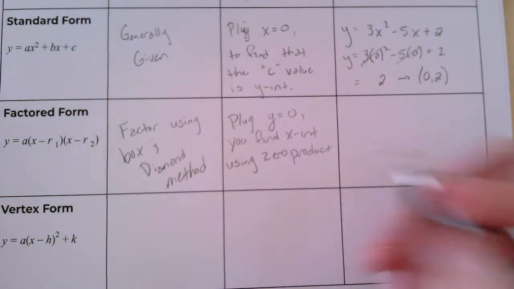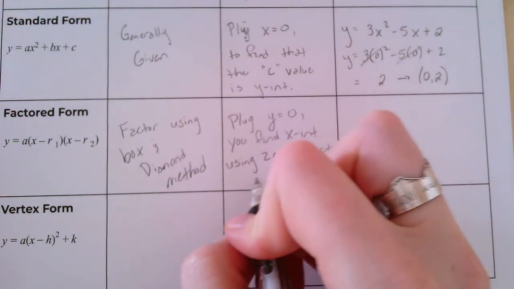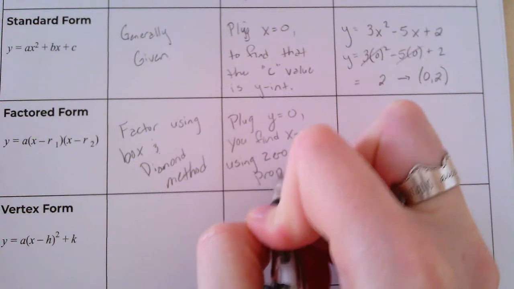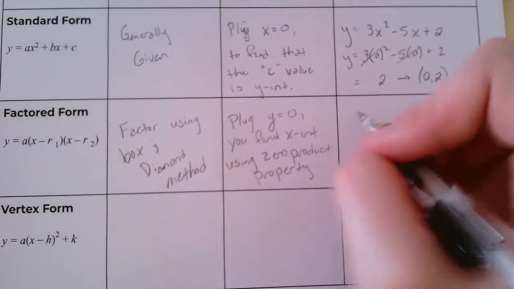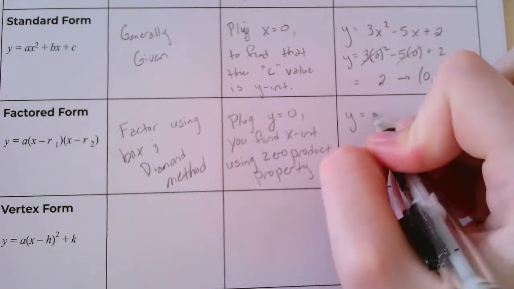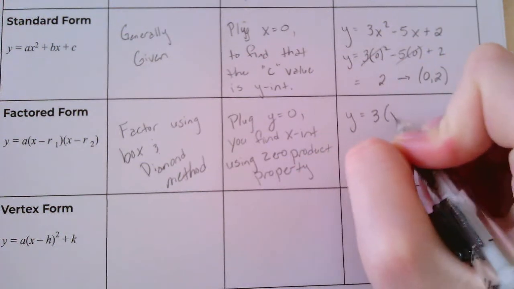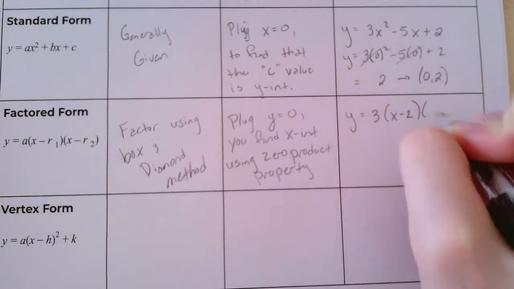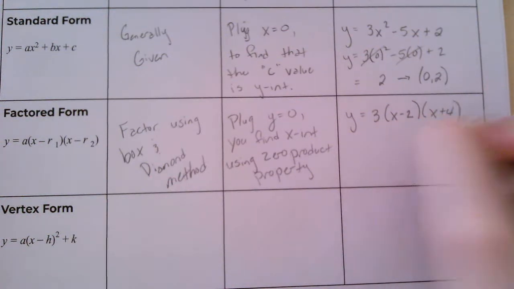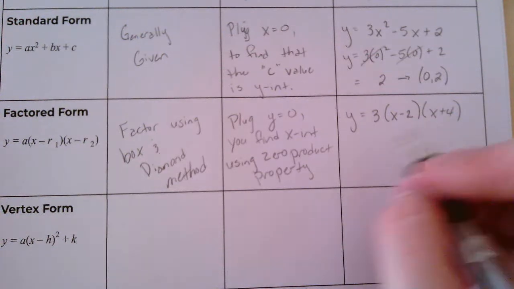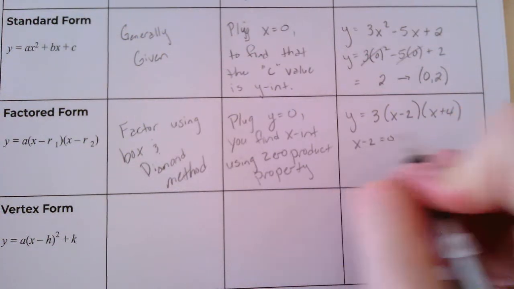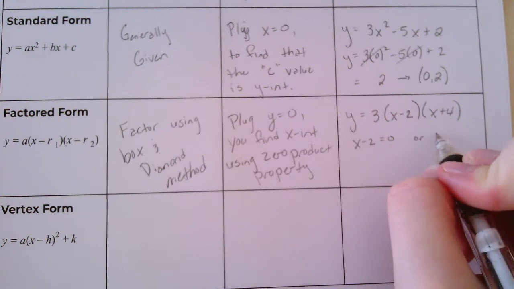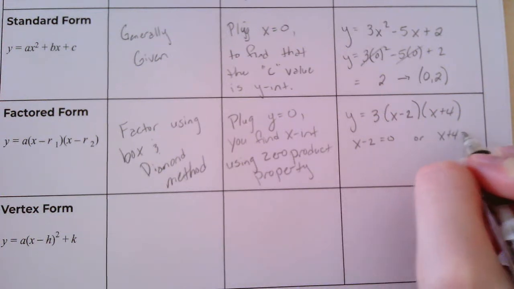And I wrote down here in the notes portion below what that is. So let's say we had an example like y equals 3 times (x minus 2) times (x plus 4). So this is clearly already in factored form. And the zero product property tells us that either x minus 2 must be equal to 0, or possibly x plus 4 equals 0.